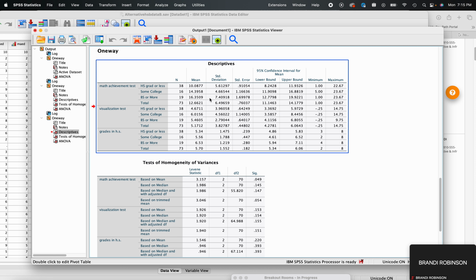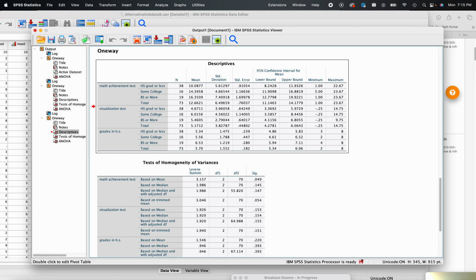And so this descriptives table is for you to come back to once you've identified all of your analysis pieces. So what we're going to look at now is that test of homogeneity of variances. And if I'm looking at that test, I want to look at the sigma value just for the top row.